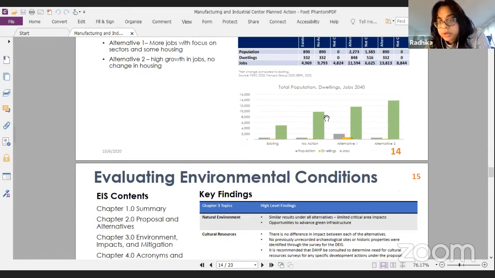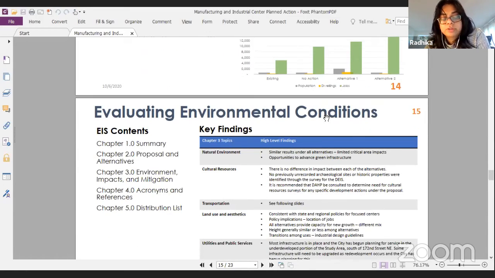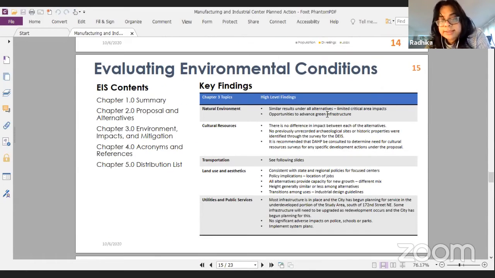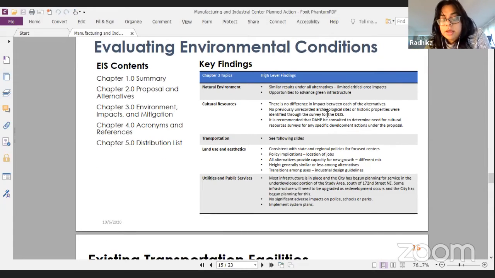So with that, I'm going to turn it over to Lisa to talk through the EIS contents and some key findings. Lisa, is the PowerPoint working okay? Should I zoom in or out? I think if you go to that little page just to the left of the icon that you're on, it will size it.